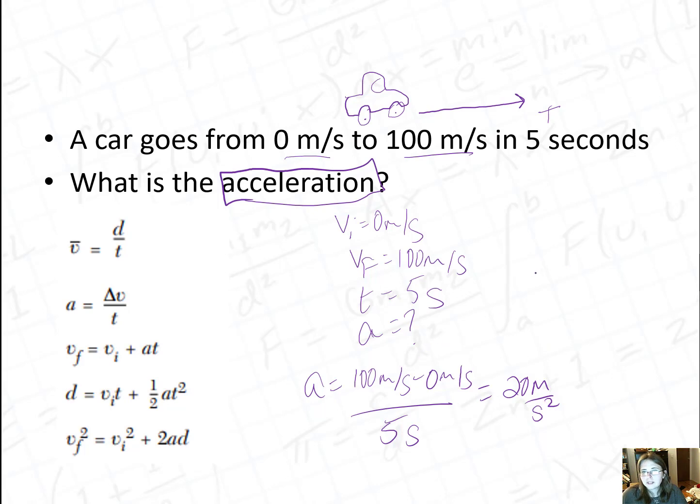However, we can do even better and check with unit analysis. So meters per second, if we divide it by seconds, it's going to be 1 over second. So then that's meters per second squared, which is exactly what we want. So this makes sense, which makes us confident in our answer, and we can go forward.